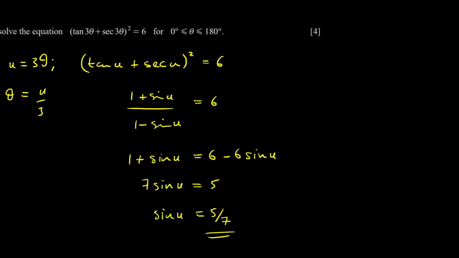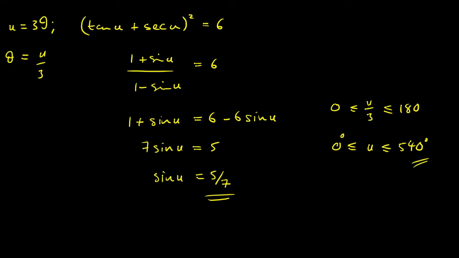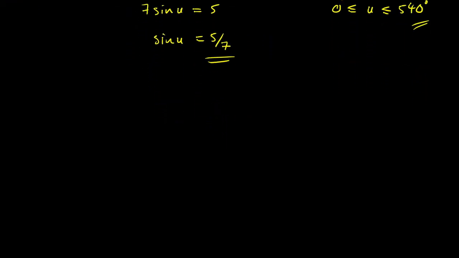And so instead of a domain of theta being between 0 and 180, we can replace that theta with u divided by 3. So we've got a domain that u divided by 3 must be between 0 and 180, which means that u must be between 0 and 540. In other words, I have just multiplied everything through by 3 there. So basically, we are now trying to solve this equation, sine u is equal to 5/7, within this domain of u being between 0 and 540. Now, of course, what we could do is use the circle method, the quadrant method.